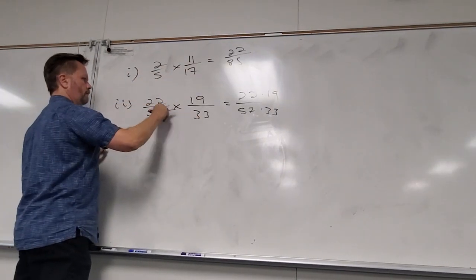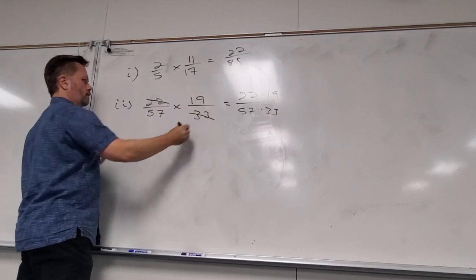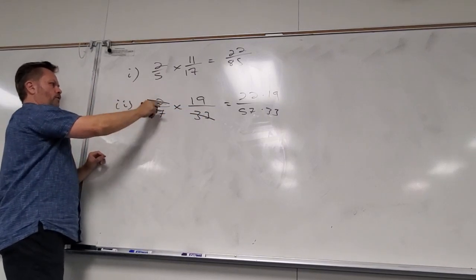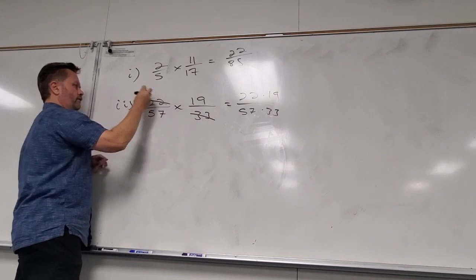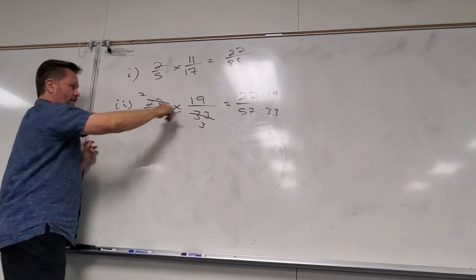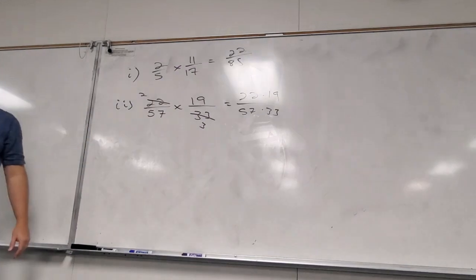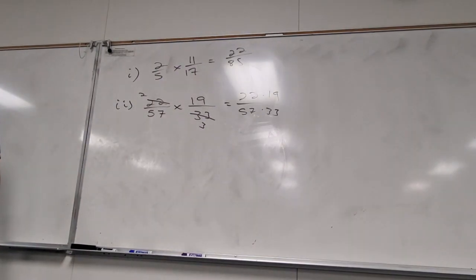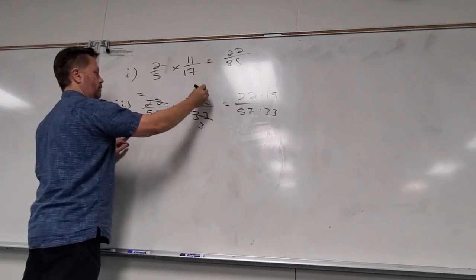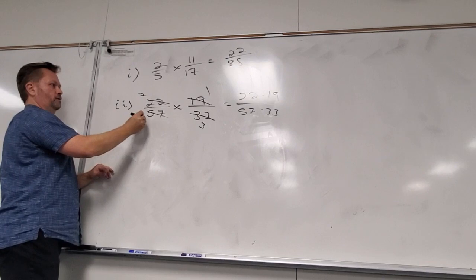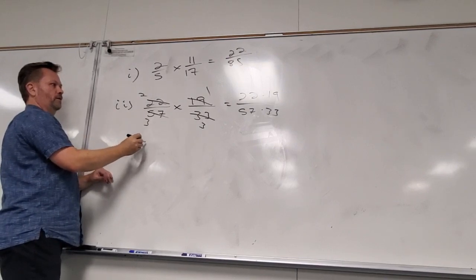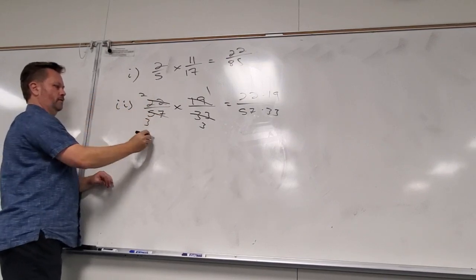So what happens here? What goes into both of those? 11. What about these? 19 will go into both. How many times? 3. So then what's the answer? 2 ninths. I love it.